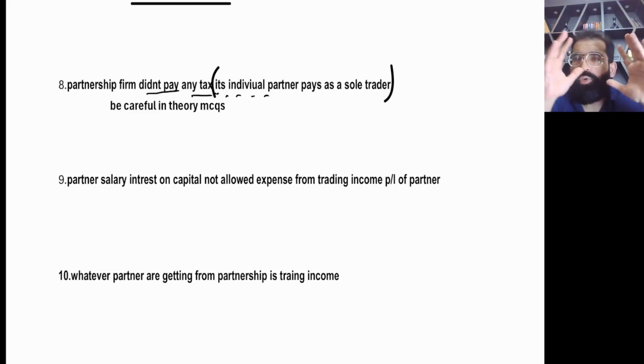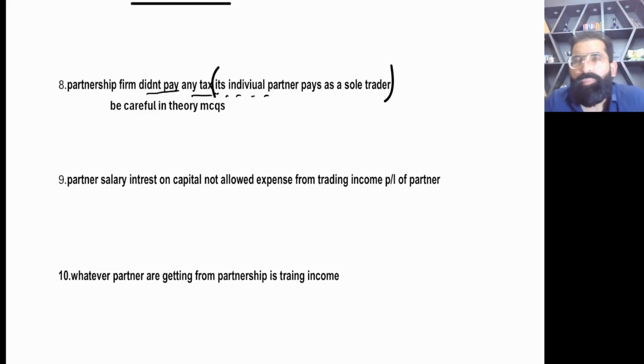So when a combined partnership income is given, you need to do appropriation of profits, distributing to each and every partner. Calculate the total profit packet for each partner, and then apply trading income rules on it. In theory, if they say the partnership firm pays this much tax, this is not possible. Each partner pays tax as a sole trader.